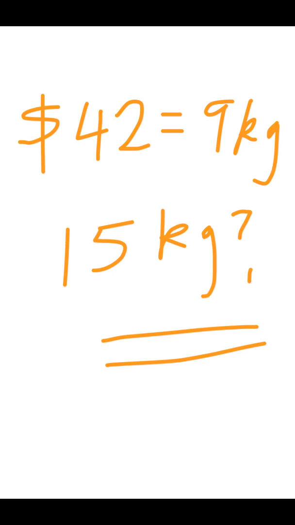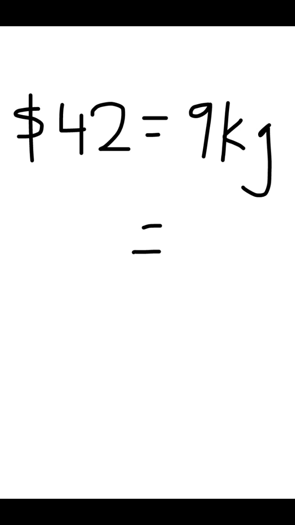So go with what you know already and then find the simplified rate, or always find for 1 unit, so per unit. So using what we know, the information we're given is $42 gives me 9 kilograms. So I would find per kilogram, so for 1 kilogram.